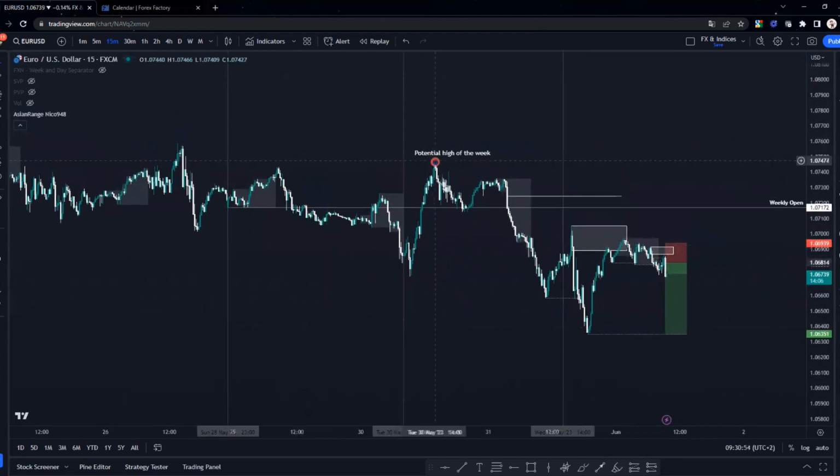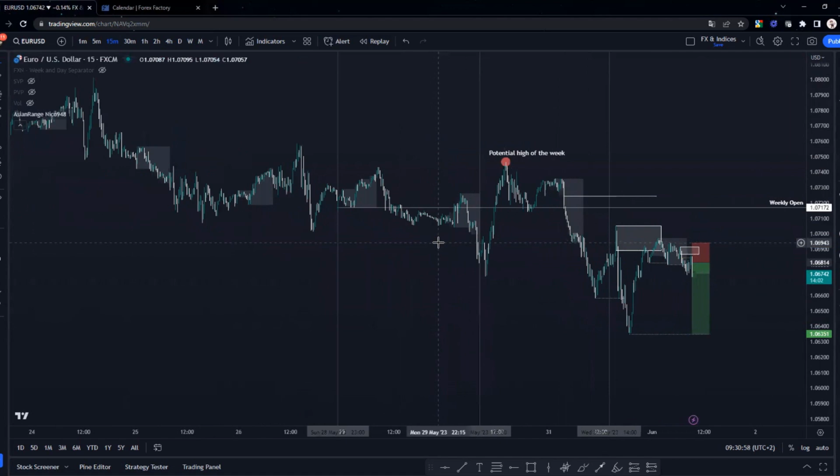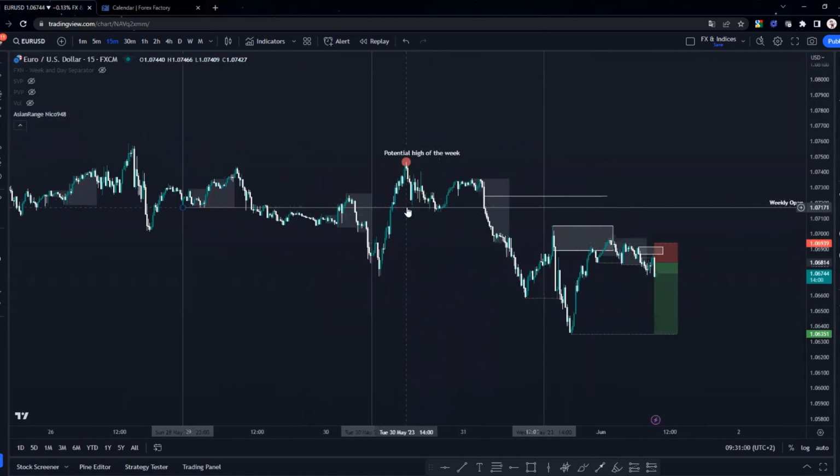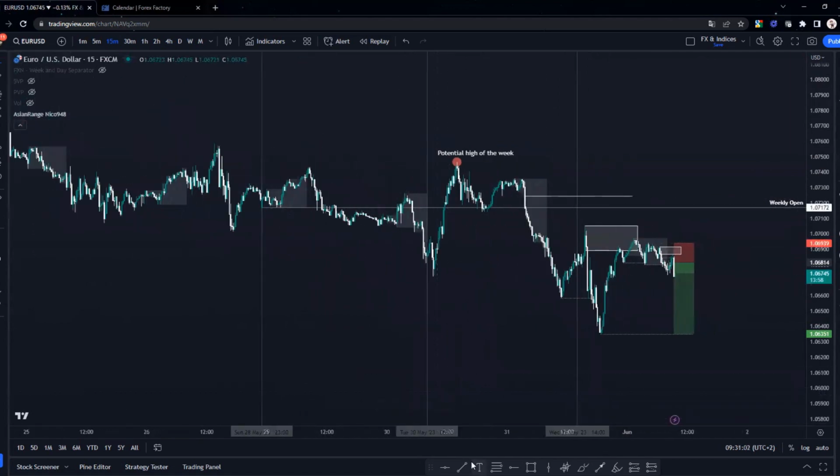This is where I took, around this area, I took a trade on New York open, and this high was also a manipulation of this high here. Very nice move.